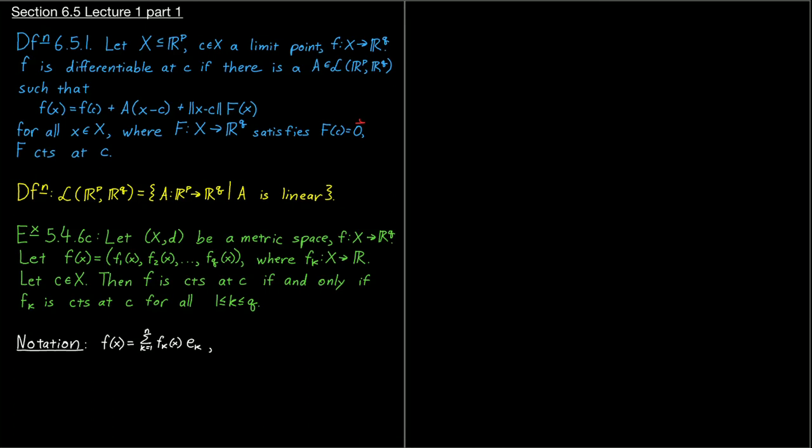And it's sometimes going to be useful to have a reversed formula. That's fk of x is the inner product of ek with f of x. Remember, the inner product is you take the first components, multiply them, second components, and so on, multiply each pair of components, and then add them. In this case, taking the inner product with ek, you multiply the kth component of f of x by 1, and then you add it to a bunch of zeros. So that's going to be some useful notation for us going forward.